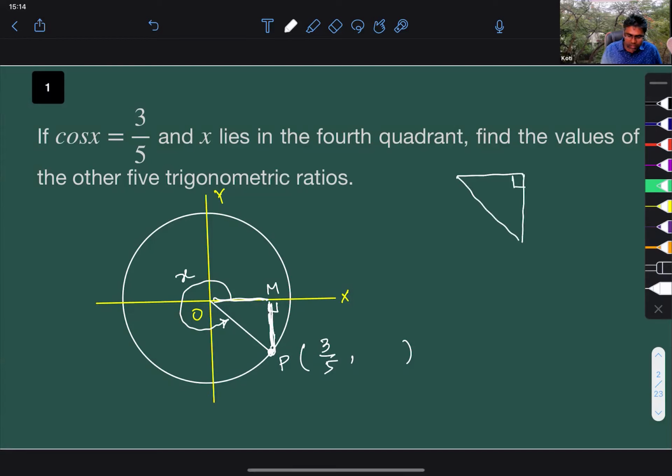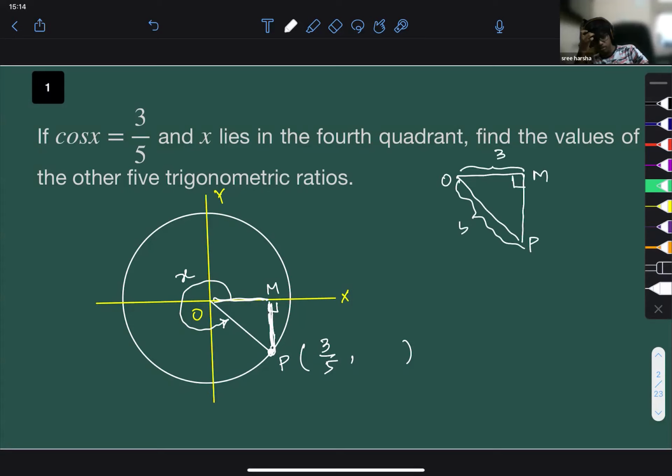Okay, so this is the right angle, OMP. So can I say OM is proportional to 3 and then OP is proportional to 5? Can I say this?